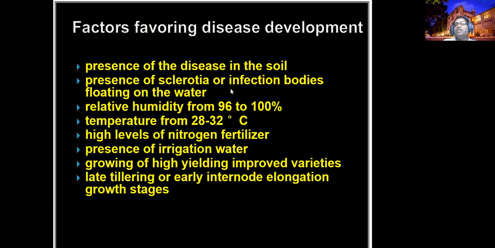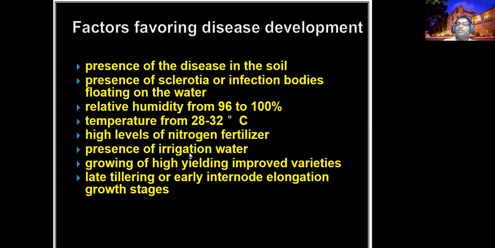I told you this disease will not come in the dry season. The relative humidity is high, 96 to 100, like blast, right? It favors the development of sheath blight. And temperature, 28 to 32. So a wet, hot season favors the development of the disease.